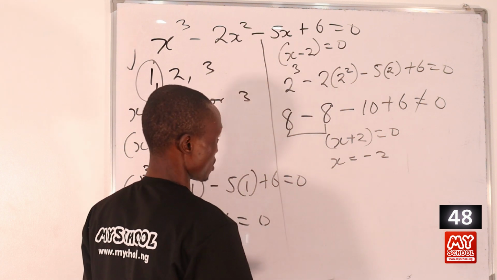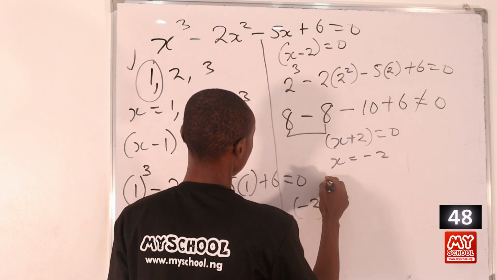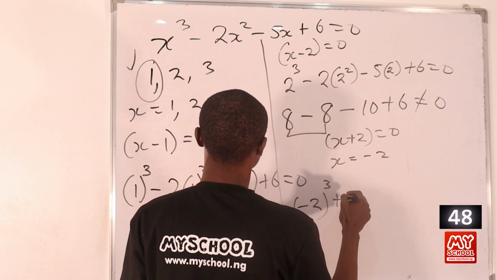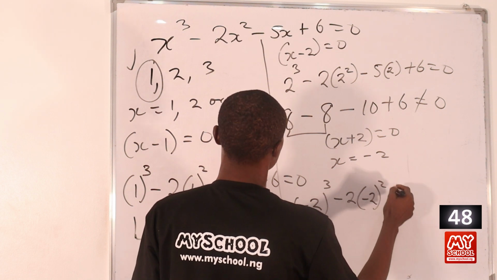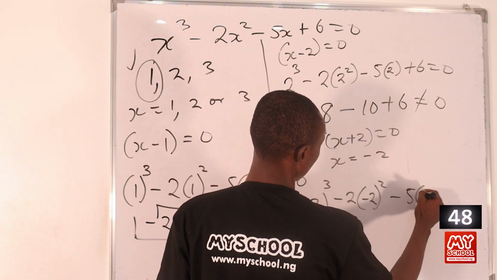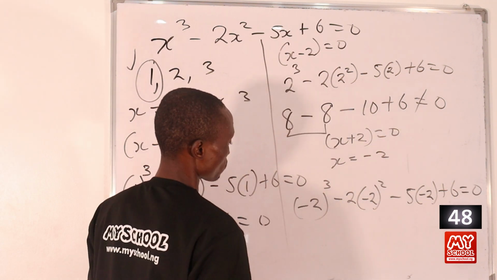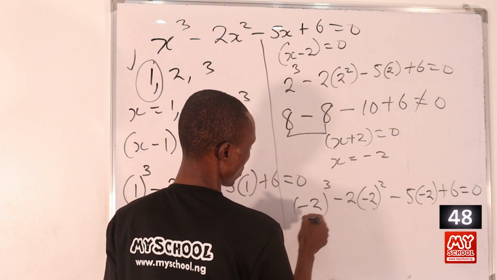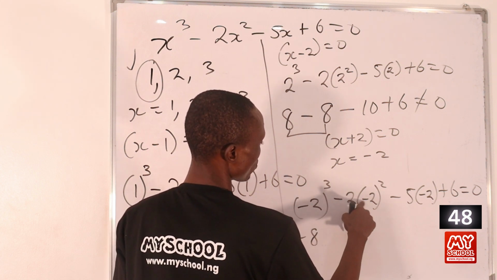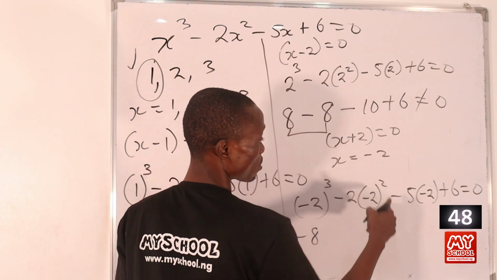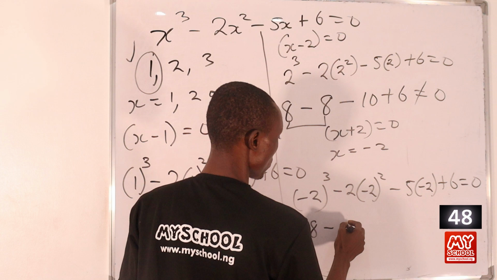Okay, so we can test it out. If we test it out, we'll have minus 2 raised to power 3, then plus 2, minus 2 bracket minus 2 squared, then minus 5 bracket minus 2, then plus 6 equals 0. So minus 2 cubed is minus 8, then minus 2 squared gives us plus 4, then minus 2 times 4 gives us minus 8.